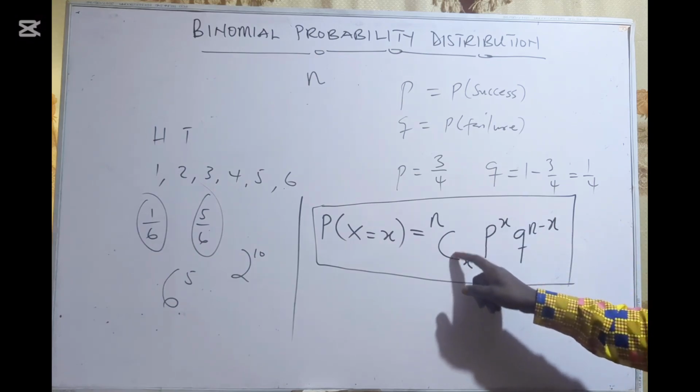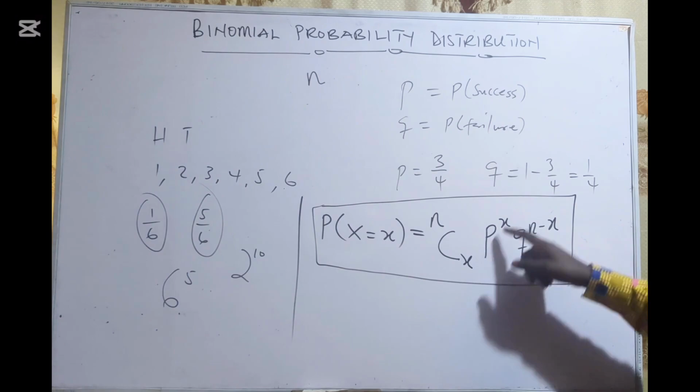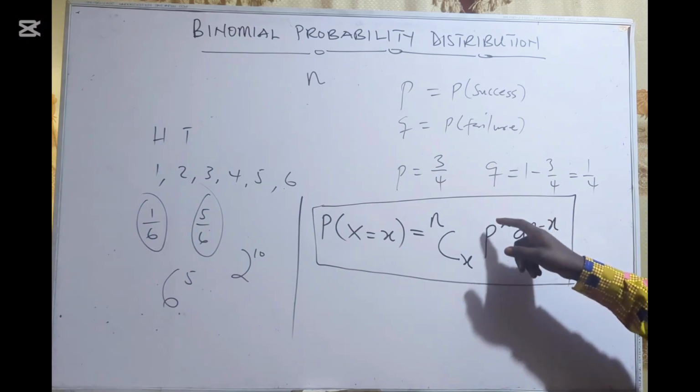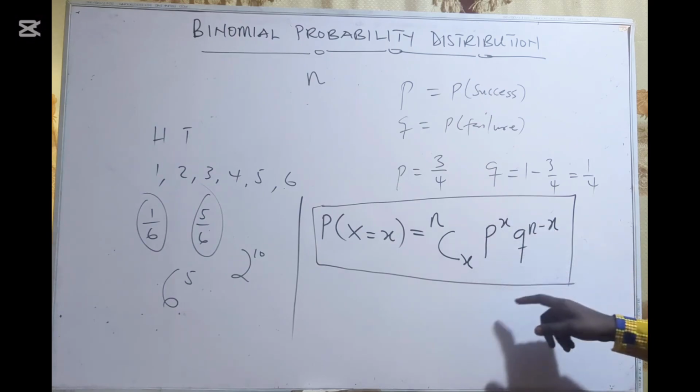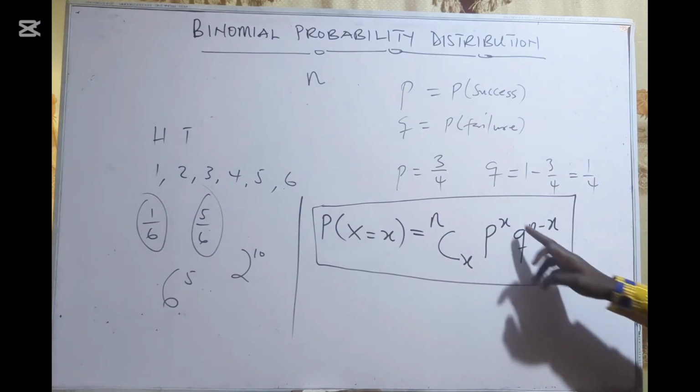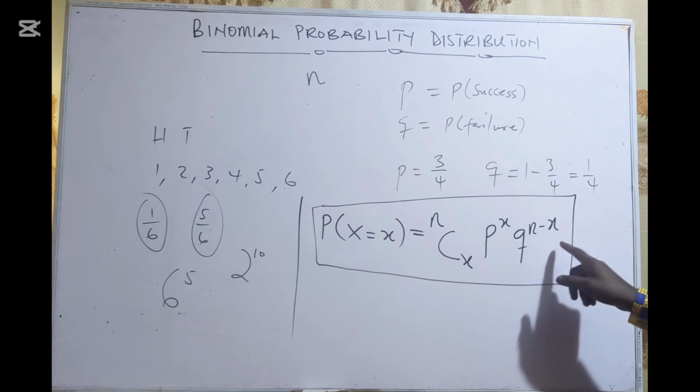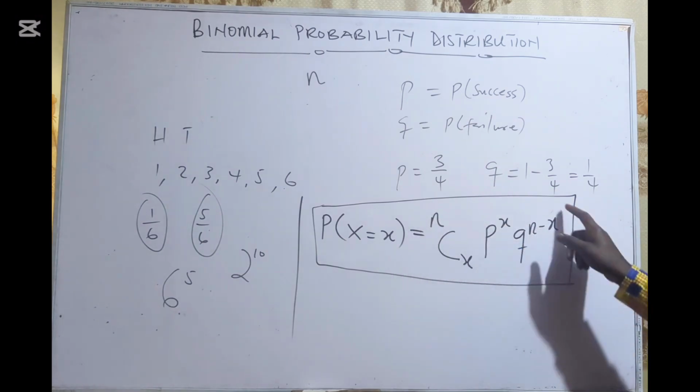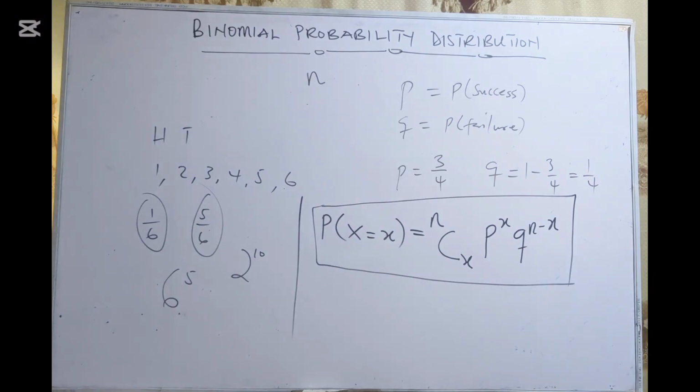That means that the x here will be raised to the power whatever the question is talking about for your success. And then you take the other side, the failure, and then n minus x, you subtract the x from the n, and then you get your answer. So let's go and solve an example right now. I know from the example you understand it better.